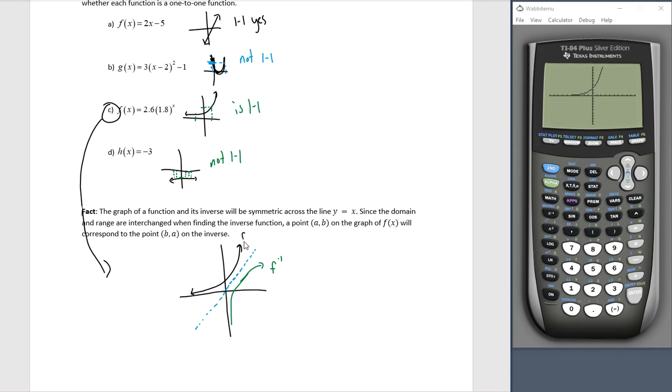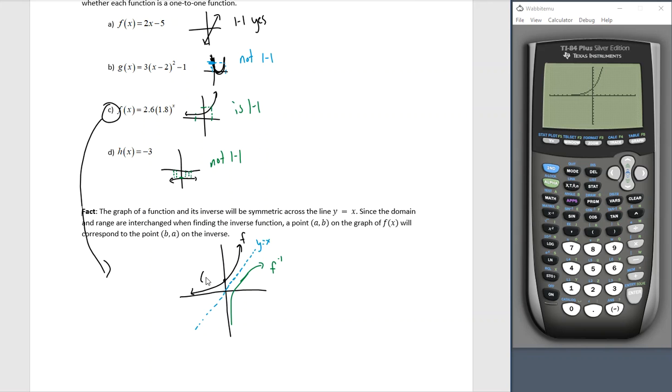So if I have my original function f, f of x is 2.6 times 1.8 to the x, that's a one-to-one function. If I draw this line, y equals x, then the inverse function will be a mirror image across that line. So if I could fold across the blue dotted line, I would absolutely have a mirror image.